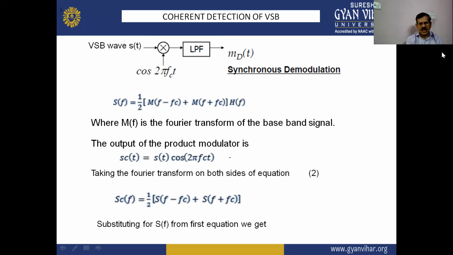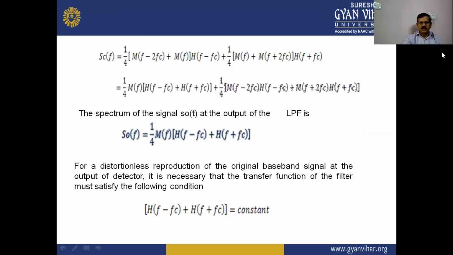Substituting for S(f) from the first equation, we get 1 upon 4 M(f)[H(f minus f_c) plus H(f plus f_c)] plus 1 upon 4 [M(f minus 2 f_c) H(f minus f_c) plus M(f plus 2 f_c) H(f plus f_c)].